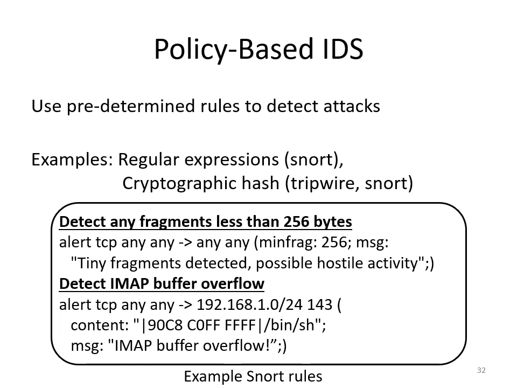So the second example is looking for a very specific overflow. This is really a signature of what an overflow packet looks like. Here we say we are looking for traffic over TCP from any source to any destination on our network, 192.168.1.0, port 143, with the content of these particular bytes, /bin/sh.